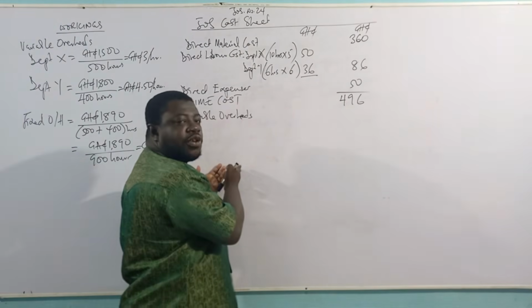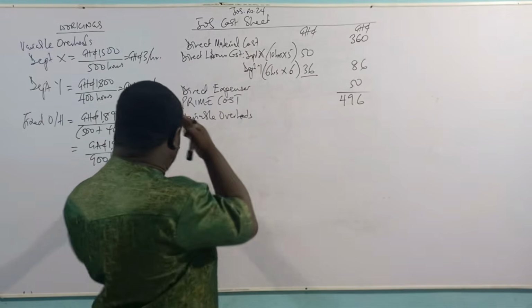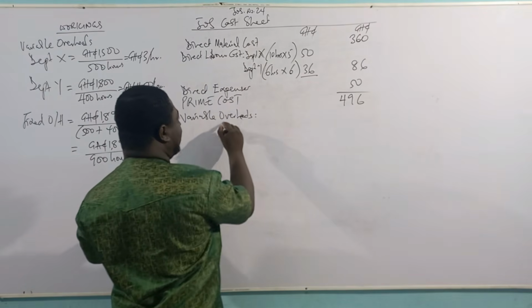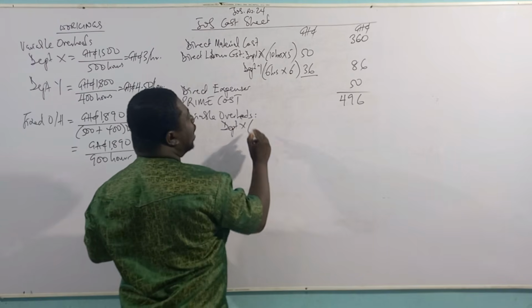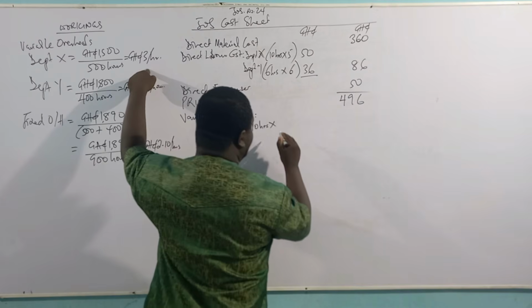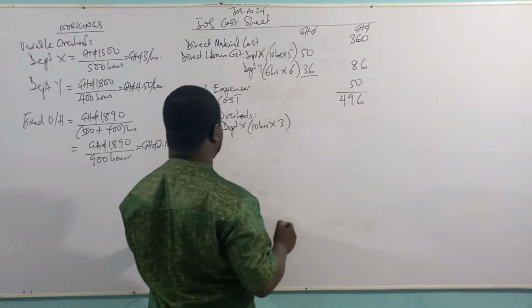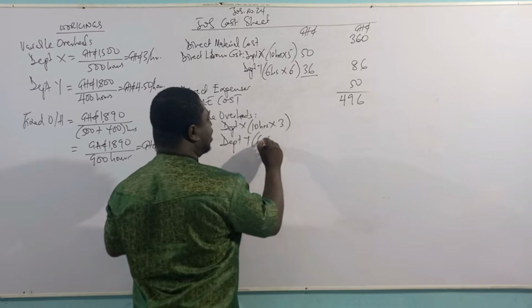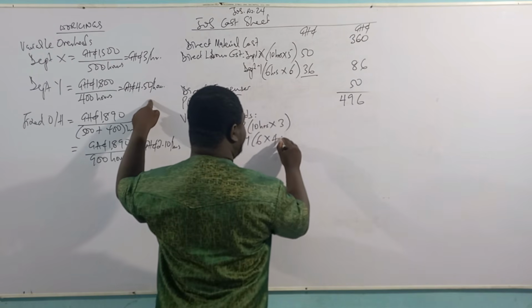When we get to fixed overhead, we are going to combine these two like we did the combination. So look at what I'm going to do. When it comes to variable overheads, for department X, it's going to be 10 hours multiplied by the predetermined rate of 3 cedis. And when it comes to department Y, it's going to be 6 hours multiplied by 4 cedis 50 pesewas.